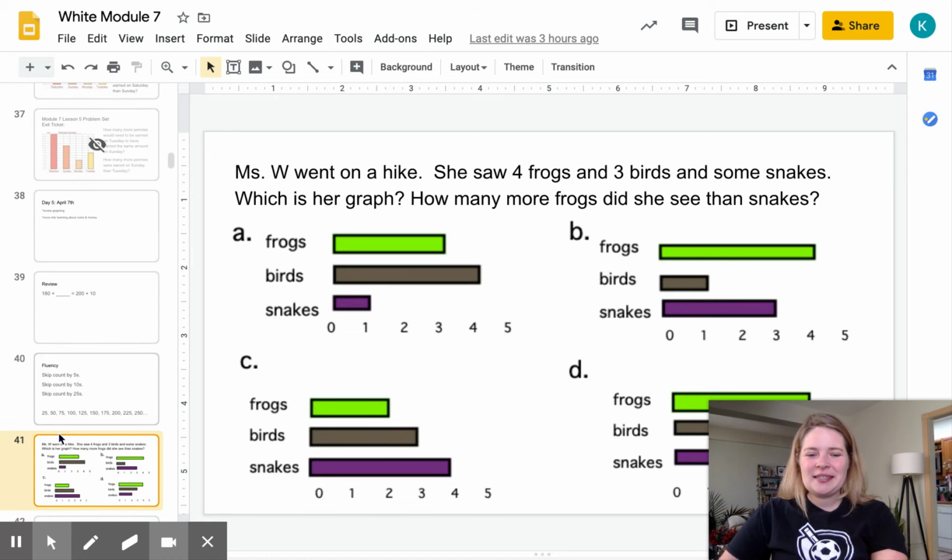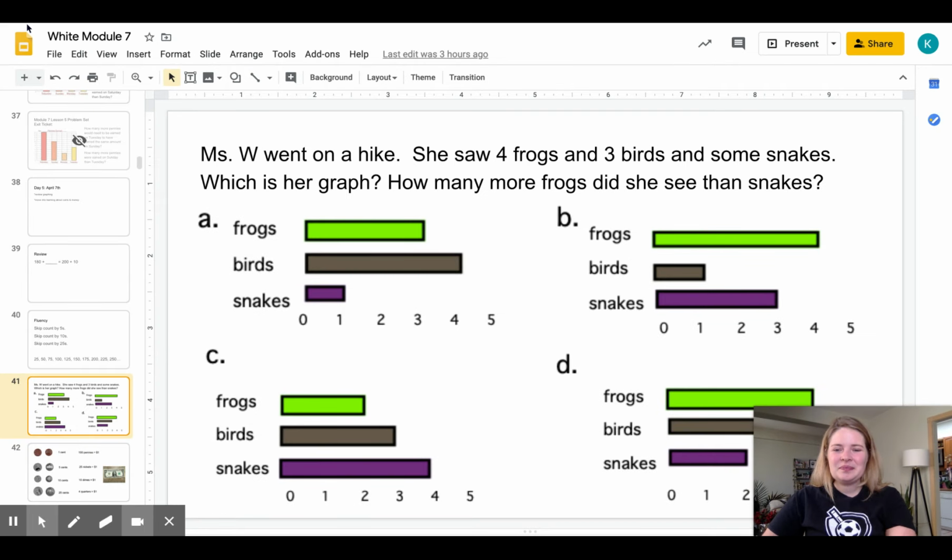Let's review our graphs. Miss W went on a hike. She saw 4 frogs and 3 birds and some snakes. Which is her graph? Let's start with that problem first. If she saw 4 frogs, let's look at each graph to find out if we have 4 frogs.